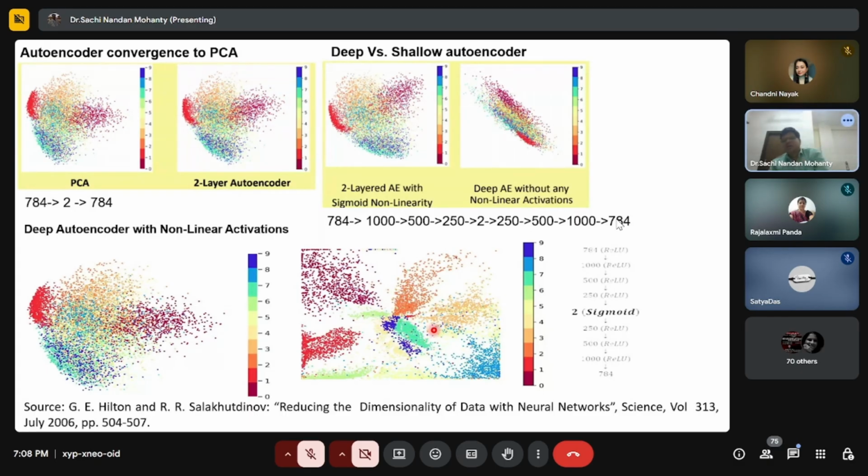Now you can see, we cannot say 100% is correct, but at least more than 90% can easily visualize which digit is which. That means 0 is 0, 1 is 1, like that. At least 90% can be classified. But in this case, it is unable to classify.